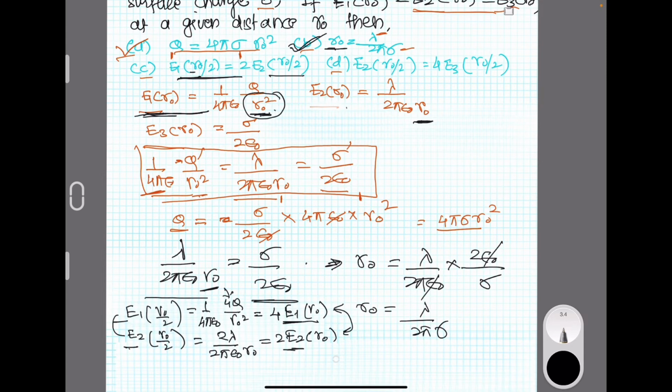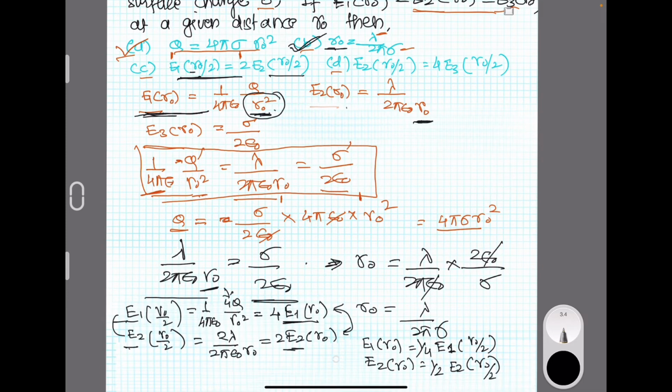It is 1 upon 4 times E1 of R naught by 2. Similarly, E2 of R naught is 1 upon 2 times E2 of R naught by 2.